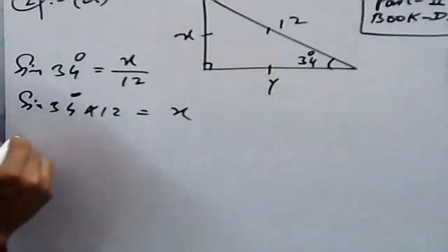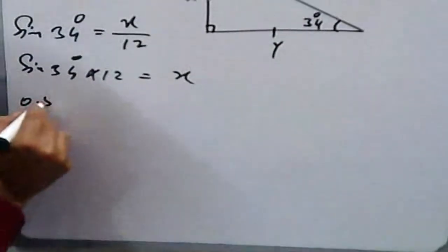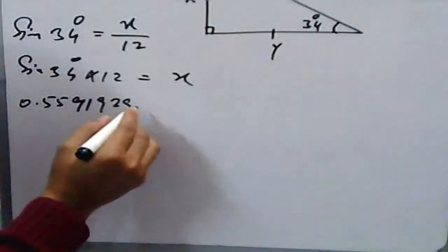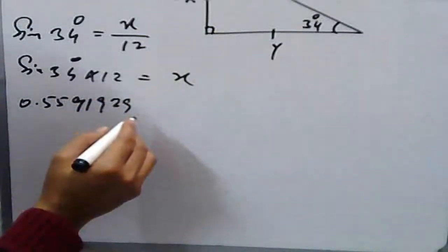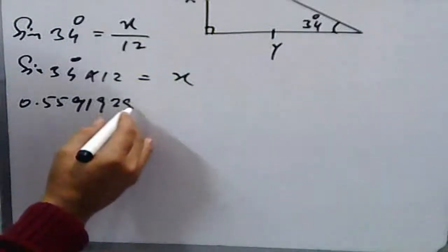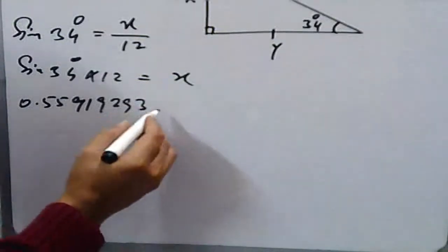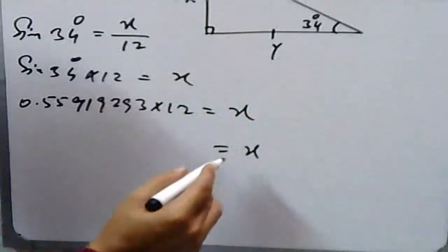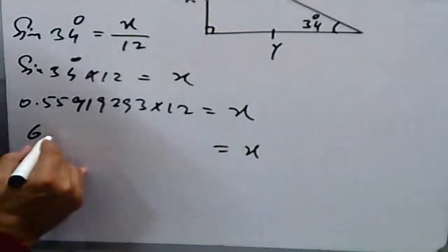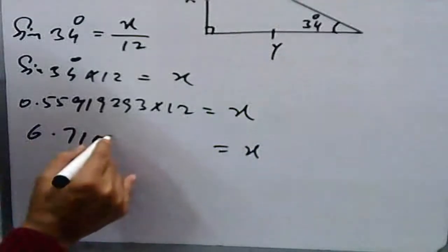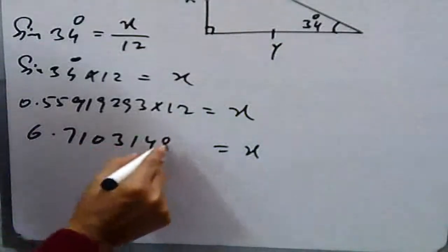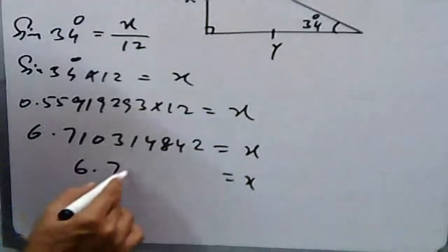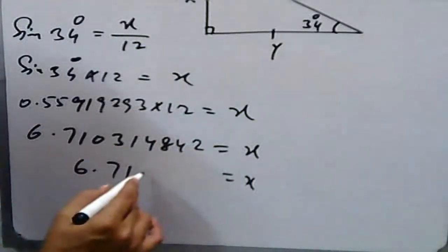So what is sine 34? Its value is 0.55919929293. Multiply with 12, so you will get x. After multiplication you will get 6.710314842, but we need up to 4 significant figures, so 6.71.